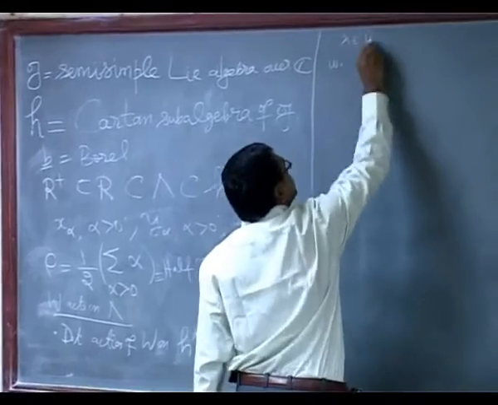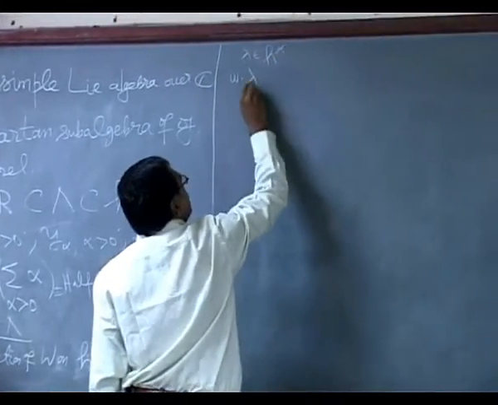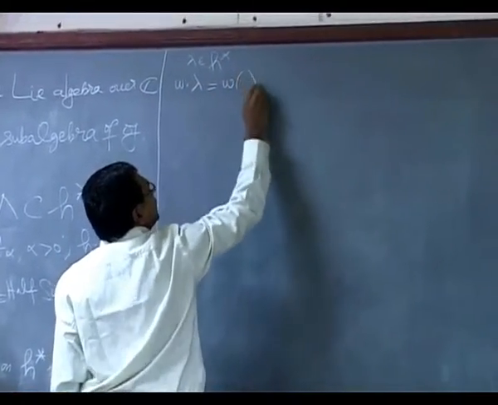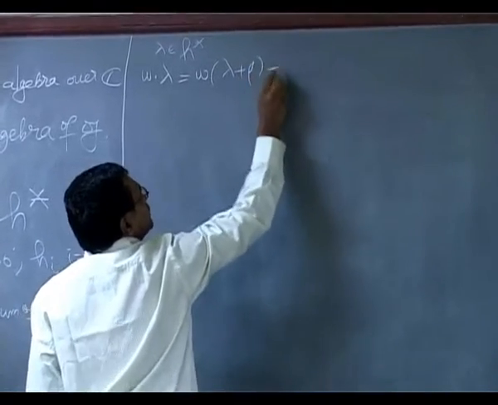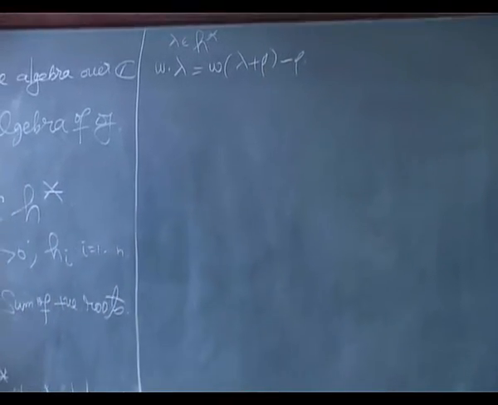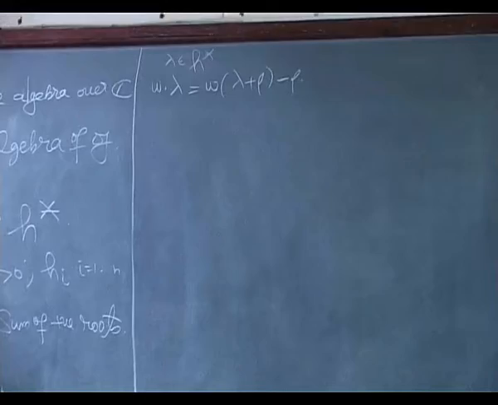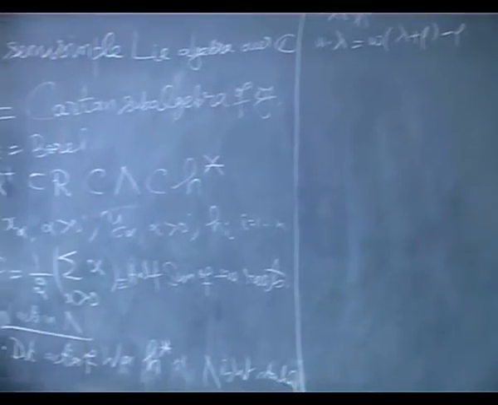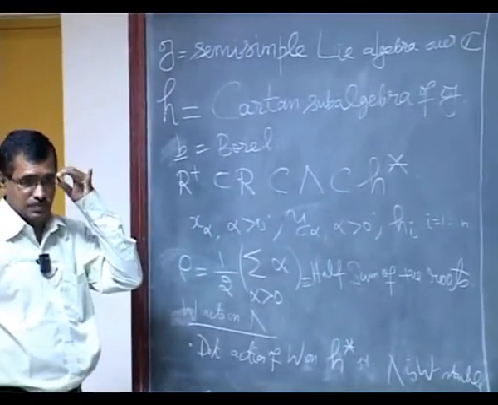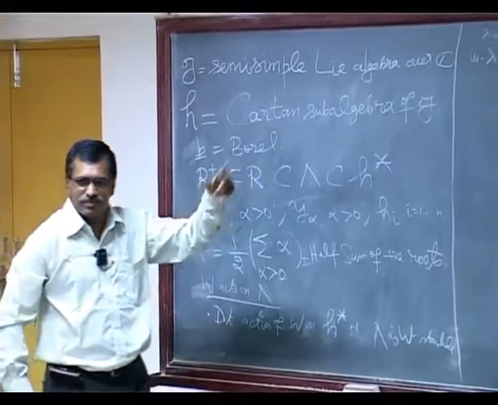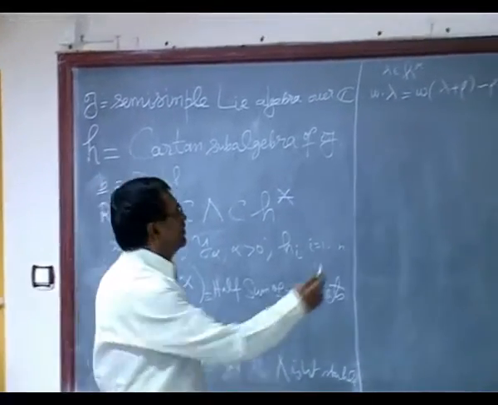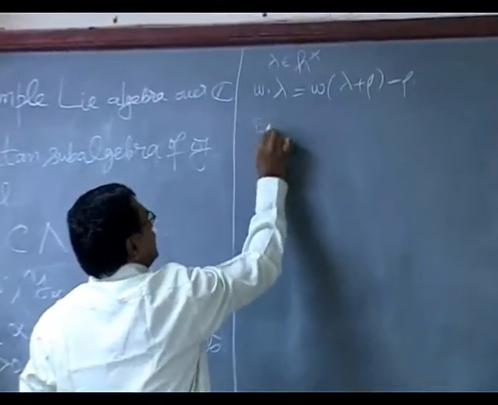So, lambda is in H star. What we mean by this is W of lambda plus rho minus rho. So, I add rho to lambda, apply W, then subtract rho. You can see this is an action. If we need it, we can do it in the action tutorial.